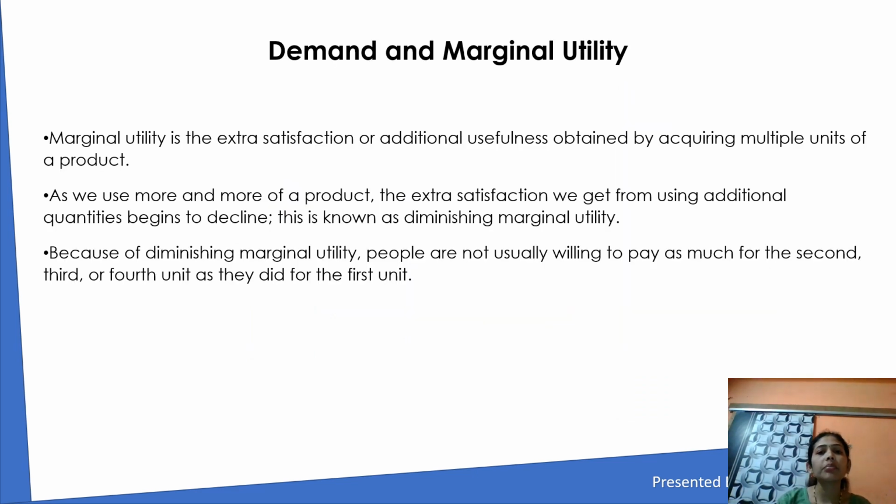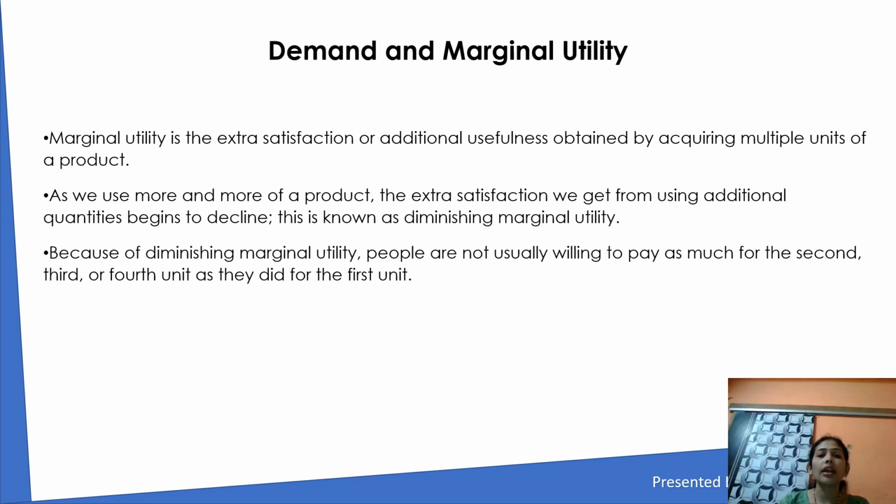Next, demand and marginal utility. Marginal utility is the extra satisfaction and additional usefulness obtained by acquiring multiple units of a product. As we use more and more of a product, the extra satisfaction we get from using additional quantity begins to decline.